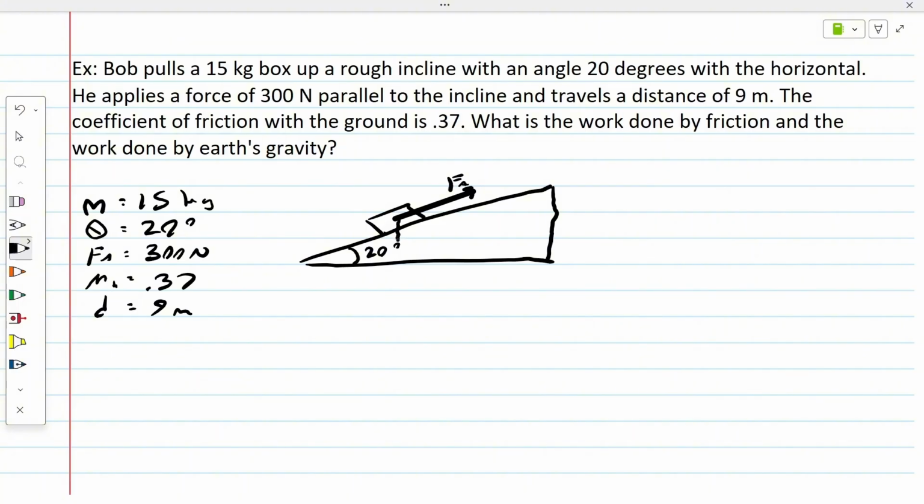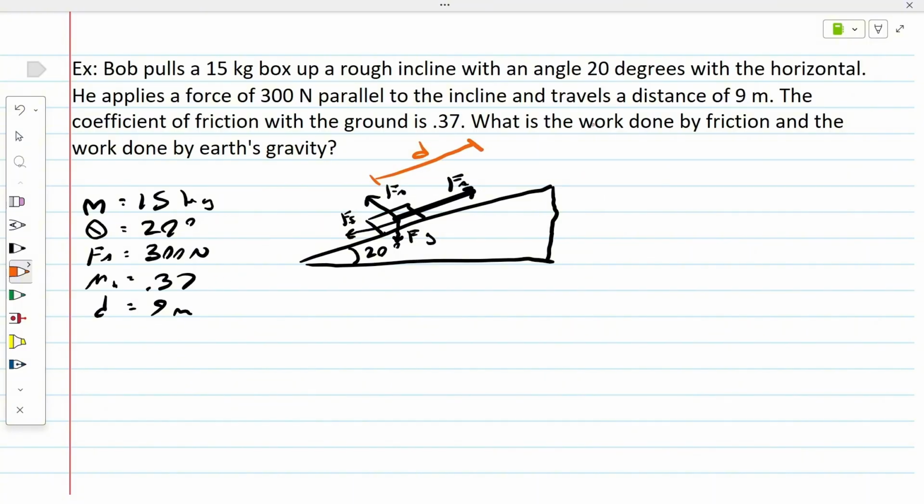So there'll still be a force due to gravity coming down, a force normal coming off of it, and then we know there's friction because it says there's a coefficient of friction. So the friction will always be in the opposite direction of motion. And so we know that this box travels a distance of d, and that's 9 meters.